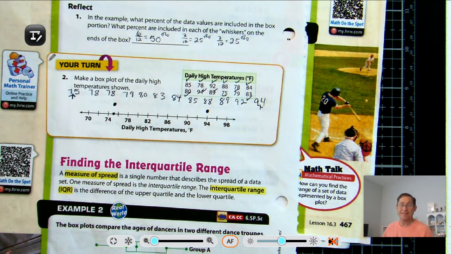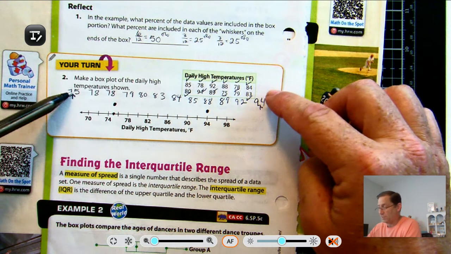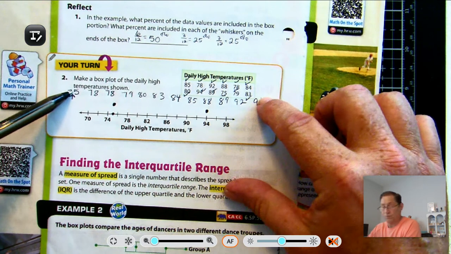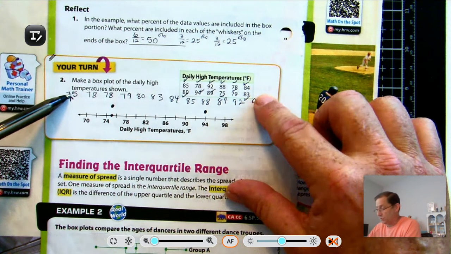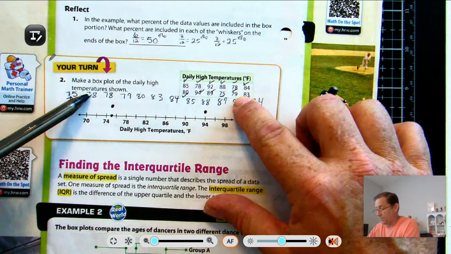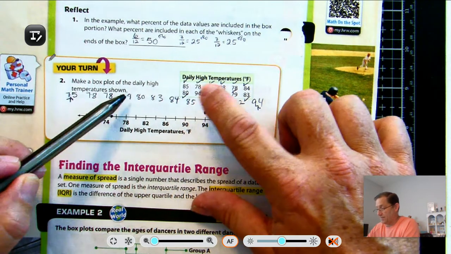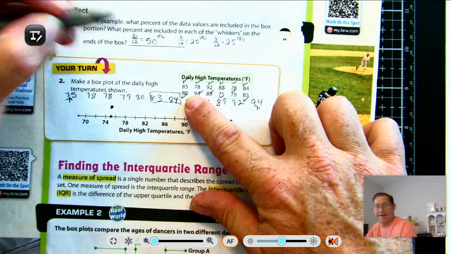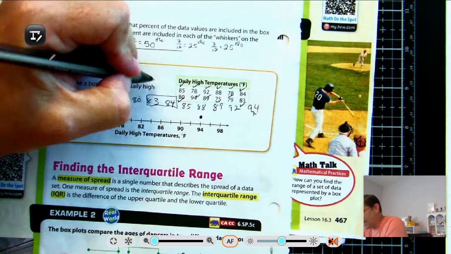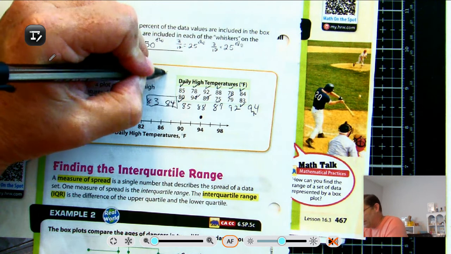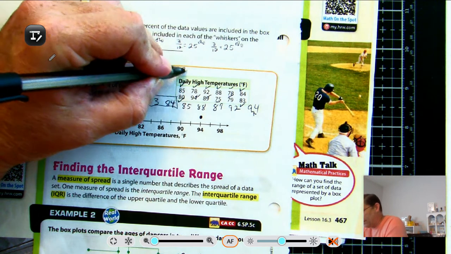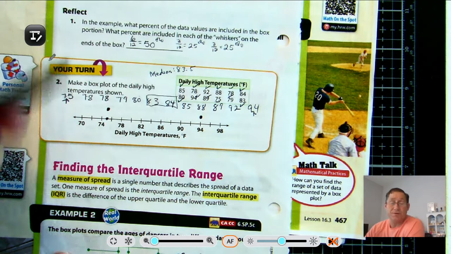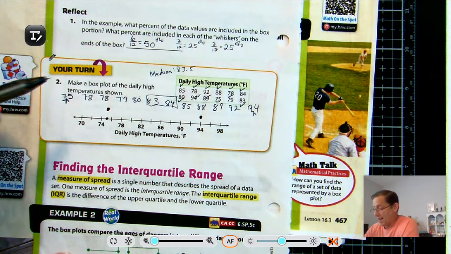Now we need to find the median. So let's cross off from the ends and work our way towards the middle. So those two, then these two, then these, then these, then these, and we've got 83 and 84. So the median would be between 83 and 84, so 83 and a half.